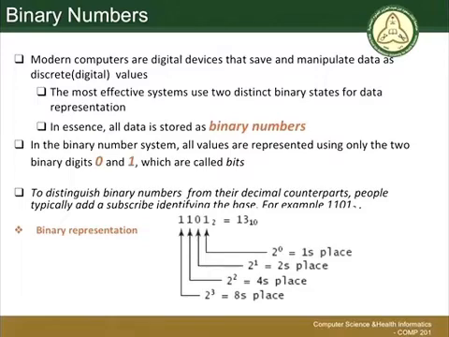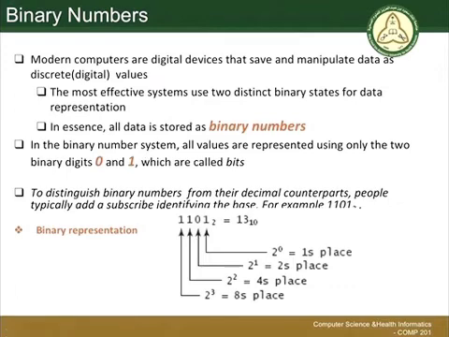The binary number is the way that digital devices save and manipulate data. In a binary number, all the values are represented using only the two binary digits 0 and 1, which we call bits. So 0 is 1 bit and 1 is 1 bit.